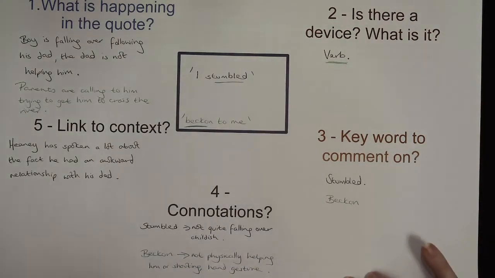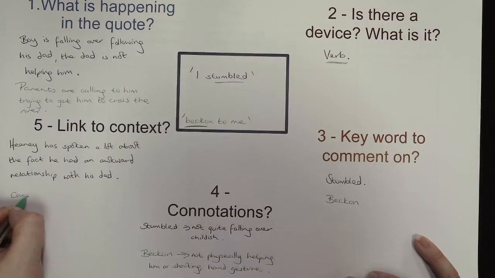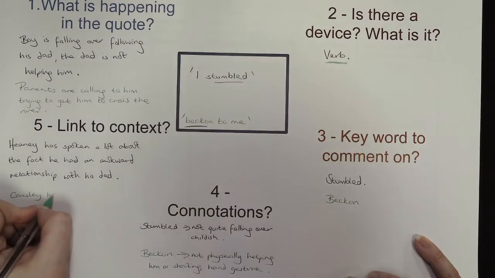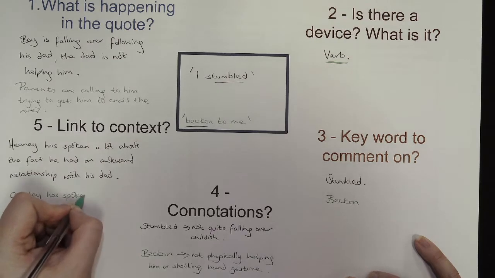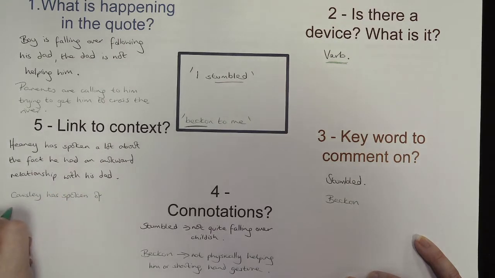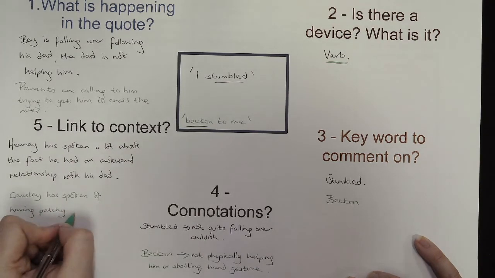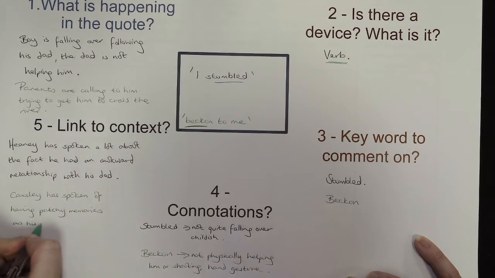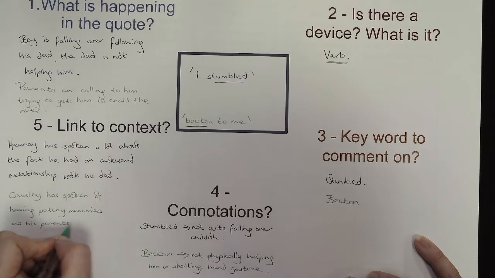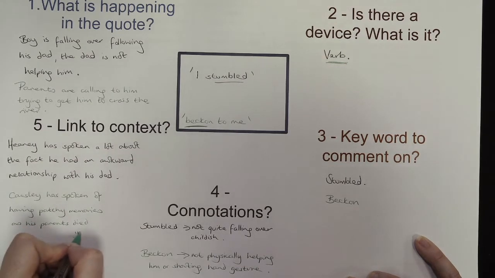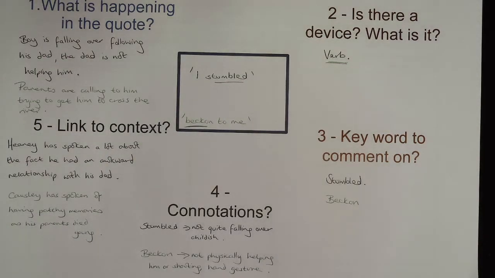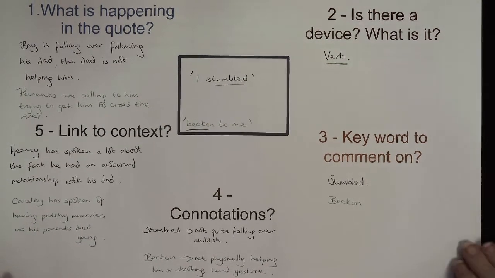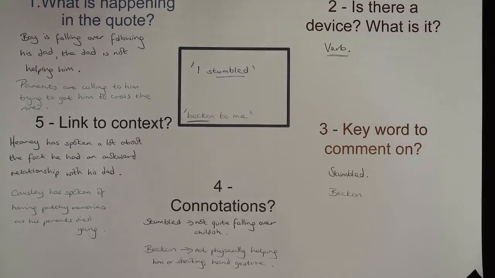And the context of that, Causley, who wrote the poem, has spoken of having patchy memories as his parents died young. So that is my quote explosion for both of the poems. Pause this recording now and do your quote explosion.